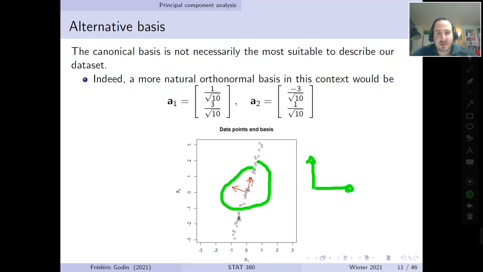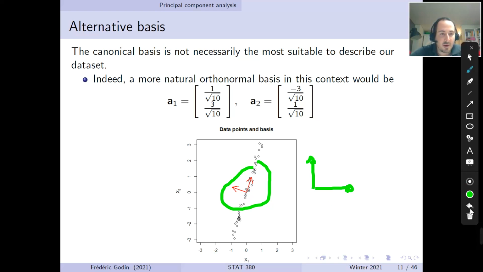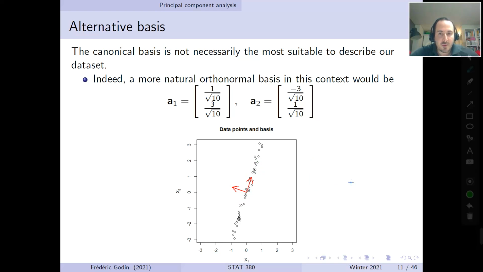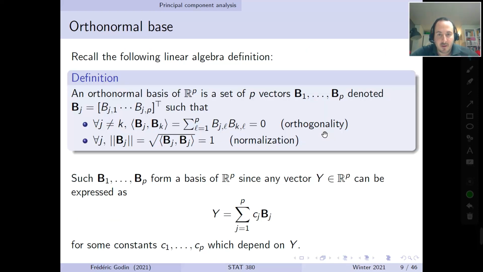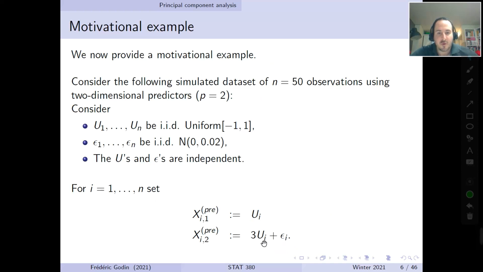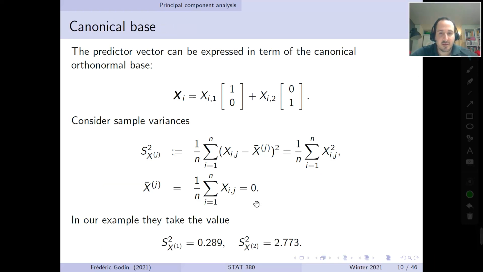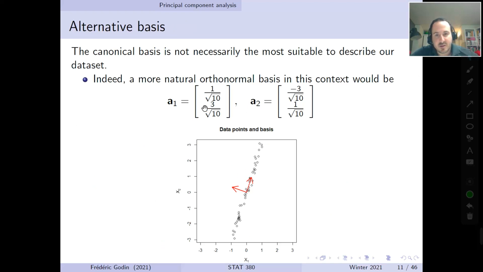And why that vector? If I go back a few slides, when we simulated the data, the second coordinate was roughly 3 times the first coordinate. Because of that, it makes more sense to have a vector in this direction, where the second coordinate is 3 times the first one.